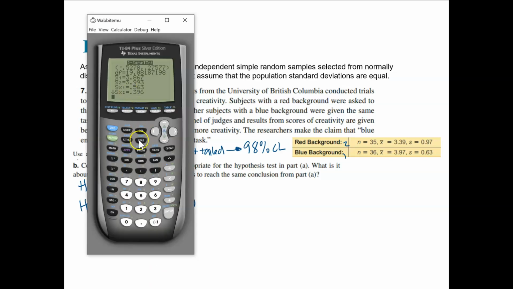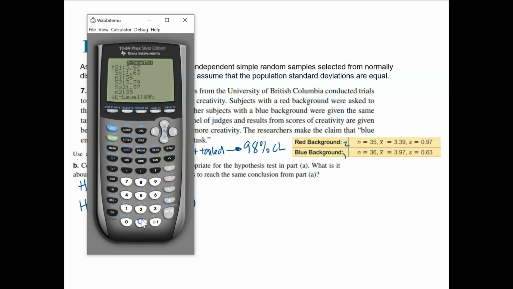Same thing: stat, tests, 2-sample t interval. Our first x bar is 3.97, then 0.63, 36, x bar 2 is 3.39, then 0.97, and 35.